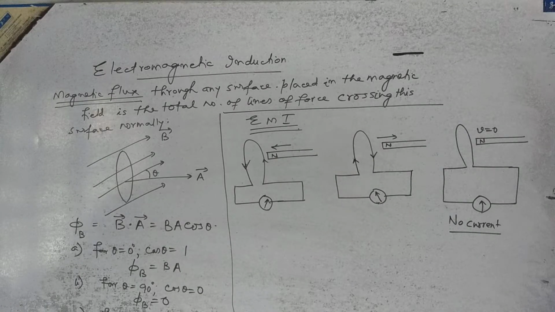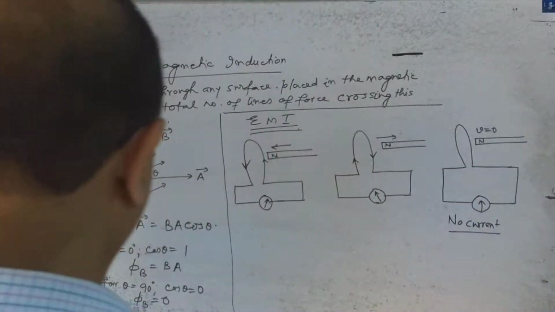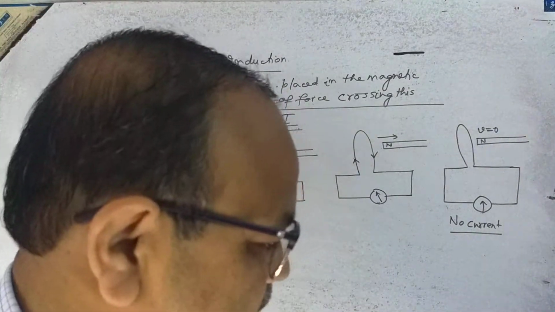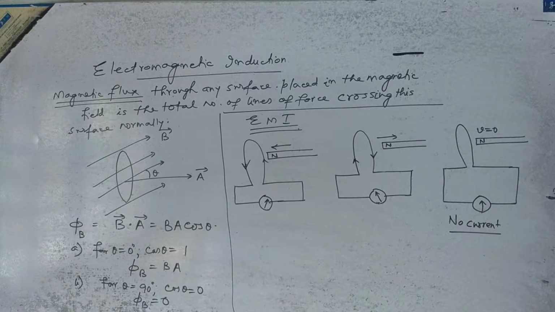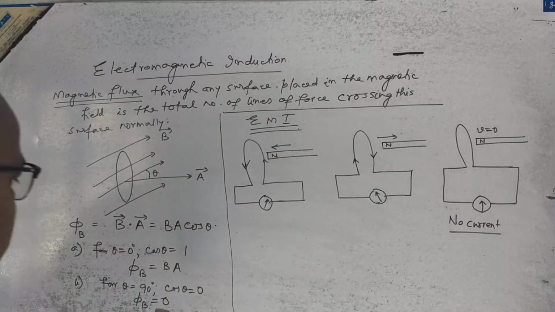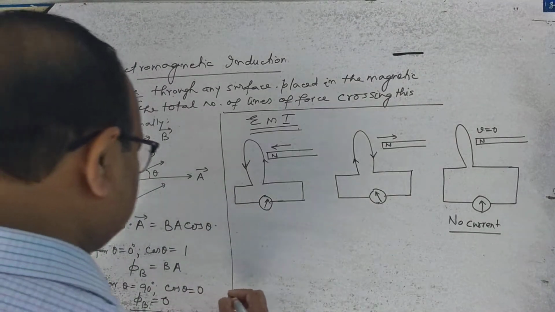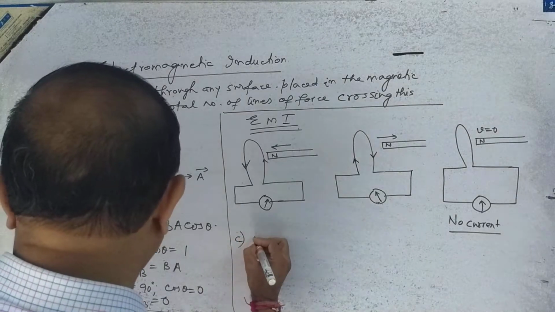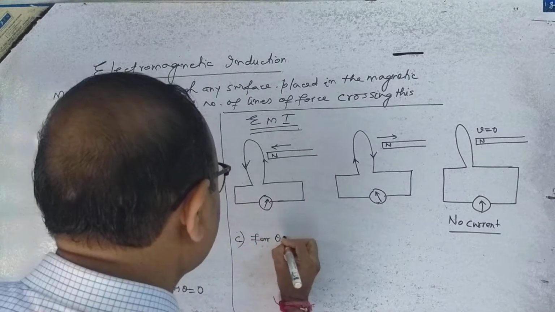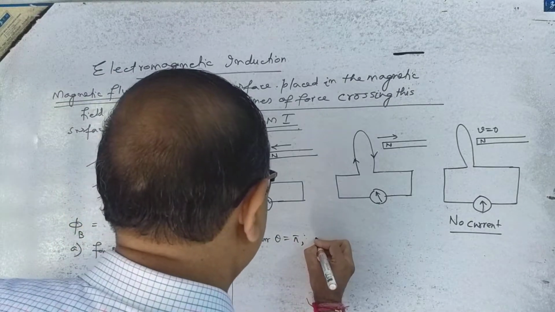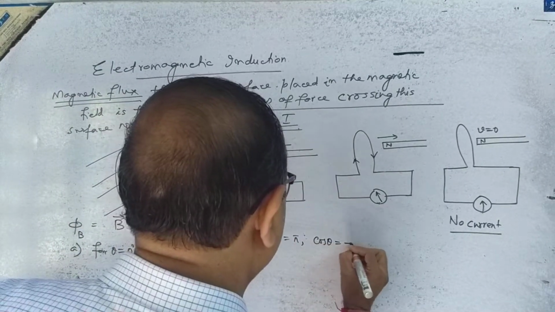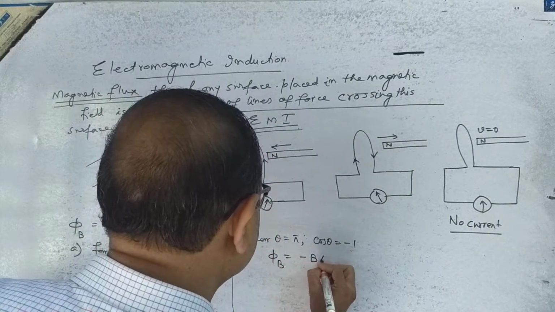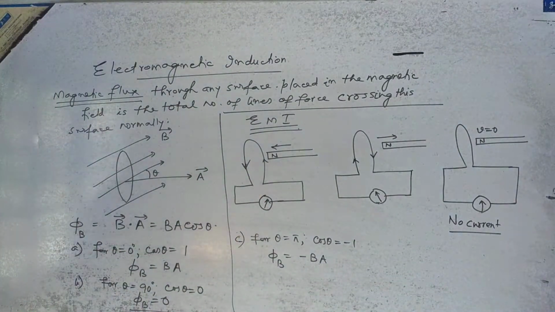Oh, sorry, I think the last line may not be visible, so just a minute. If the last line is not visible to you, here I write phi B is equal to 0. Now we are coming here, the C part. For theta equal to pi, cos theta equal to minus 1, and phi B should be minus B into A. I think now it's very clear.